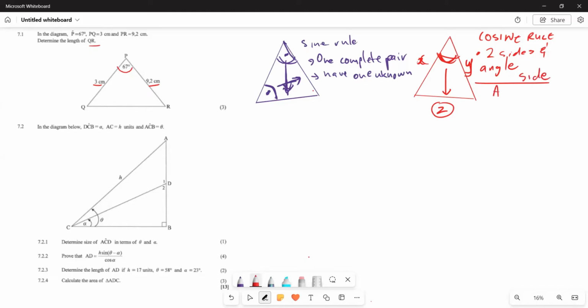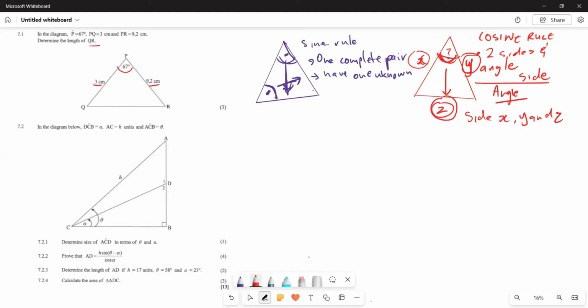Now, let's say you want to calculate for the angle with your cosine rule, which means you need to have sides x, y, and z for you to apply your cosine rule. And when you have all these sides, you can then calculate any angle that is given.